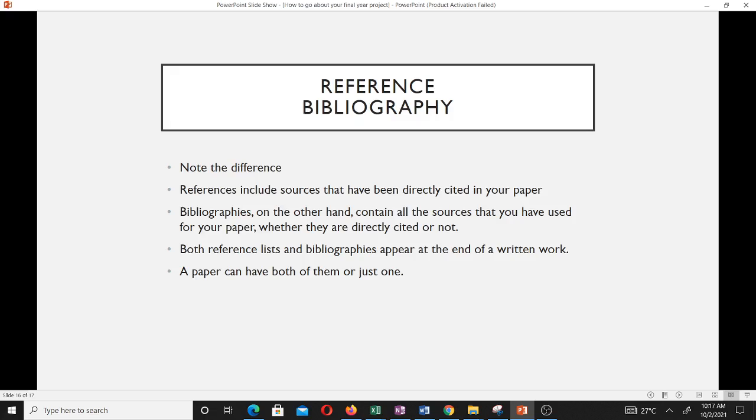In most academic writing, you can see both of them or you can see one of them, but just know the difference so you know which of them you want to use. So a research paper can have both of them or just one, okay? And both the reference list and bibliographies appear at the end of a written work.